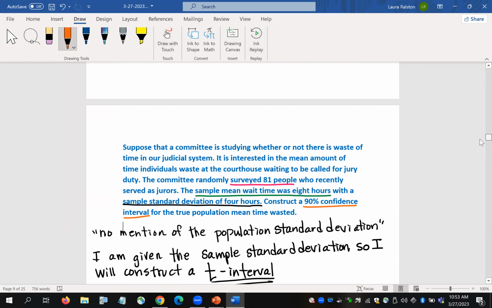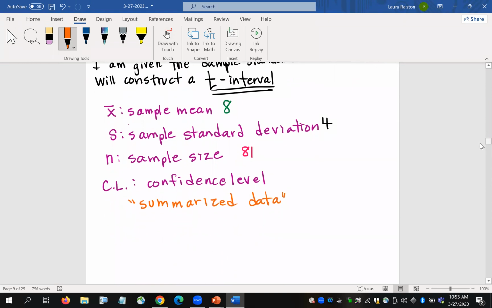Okay, so my confidence level is 90%. So I've pulled from the problem all of my information, and I'm going to go out to Minitab to calculate my test statistic, or my confidence interval, excuse me.